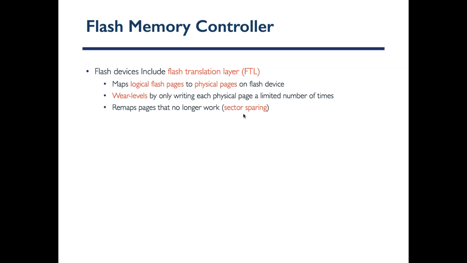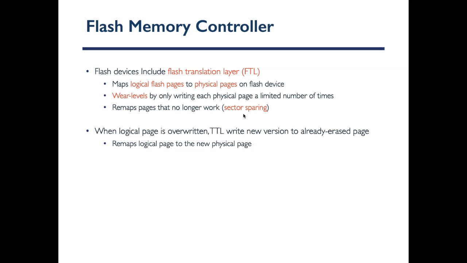So these spare pages have, as I mentioned, two purposes here. Now let's talk a little bit about wear leveling and the process of rewriting a page. So let's say you want to rewrite a page.